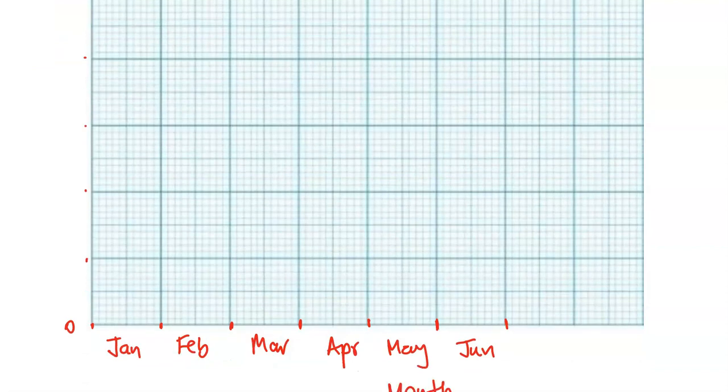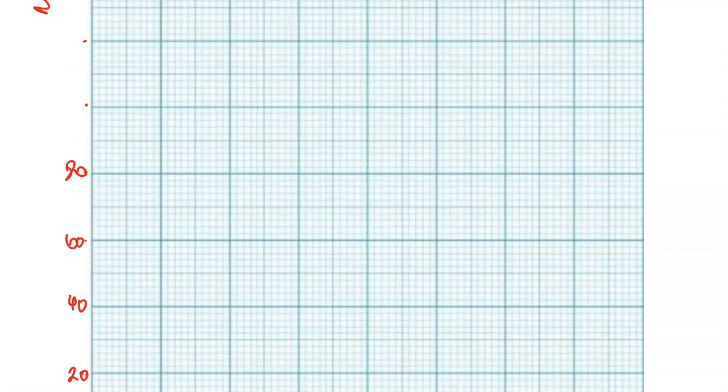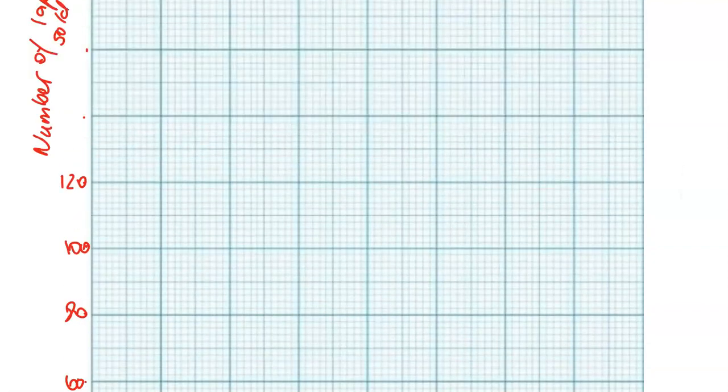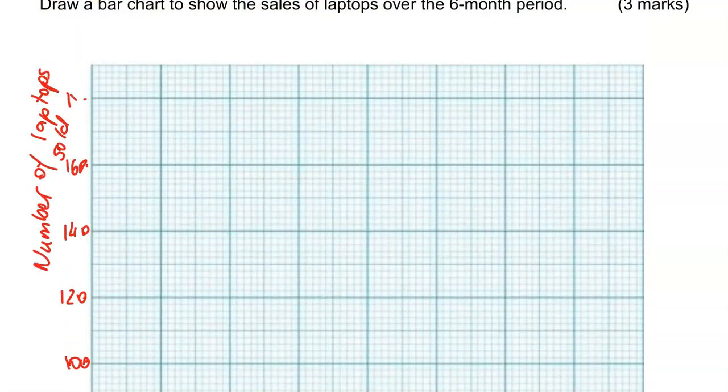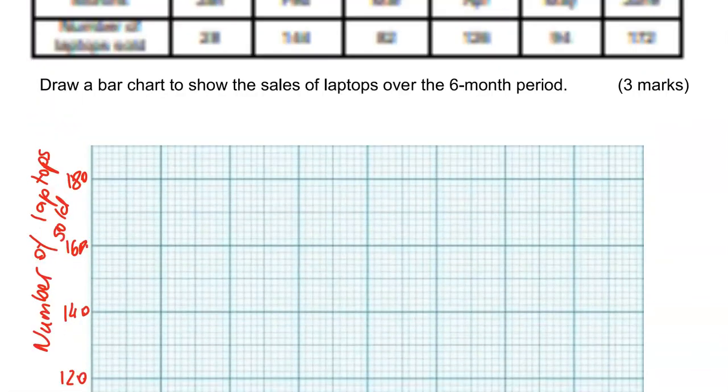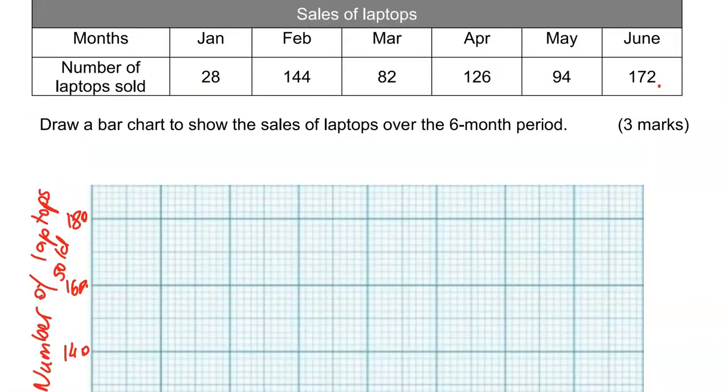So I'm going to put the numbers in. Okay, so let's start plotting.